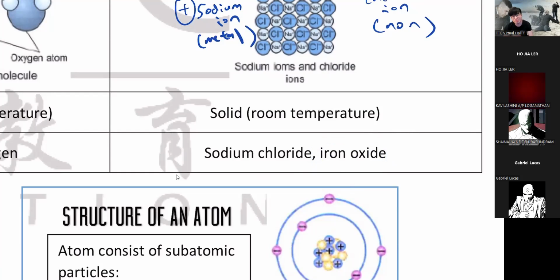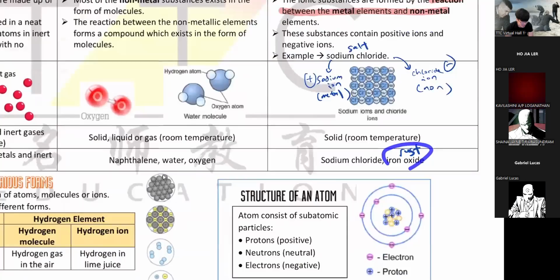It will turn into this brown stuff we call rust. So iron oxide is just another fancy name for rust. It's oxidized iron because the iron reacts with oxygen, so it's oxidized.